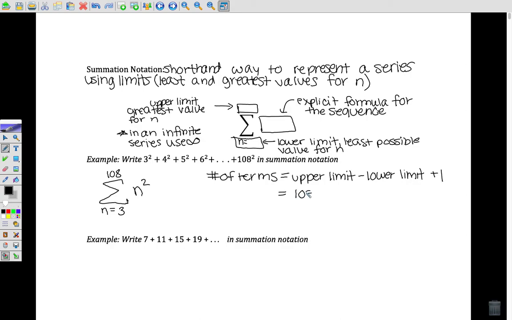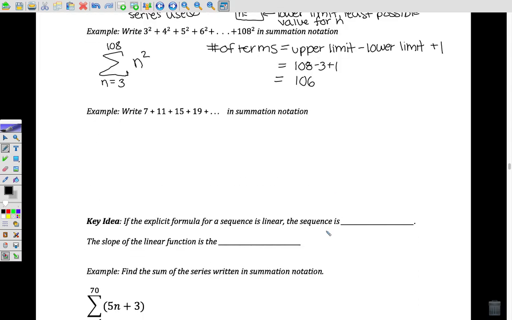That gives me 108 minus 3, which tells me how many numbers are between these two. But then I have to add 1 because I'm also including 3 and 108. So in this case, I get 106 terms. So that's going to be important when we're plugging into the formula.